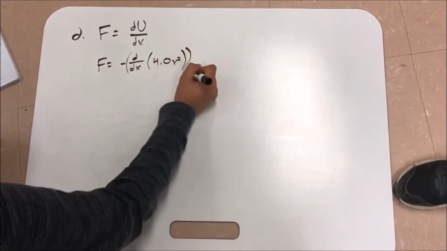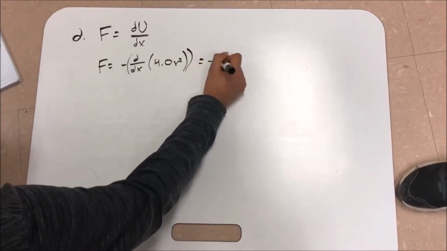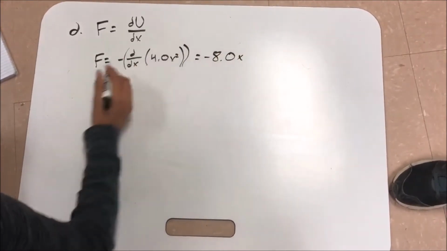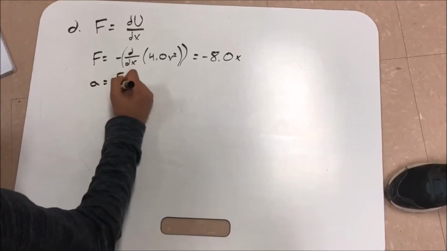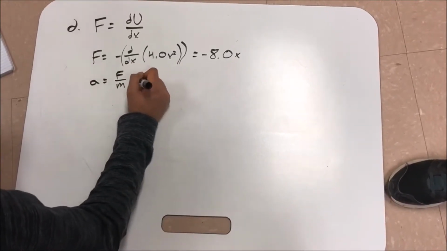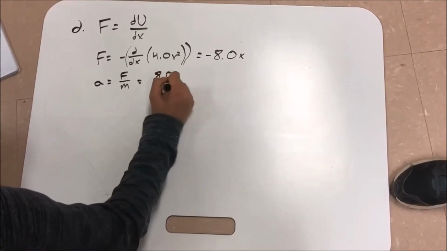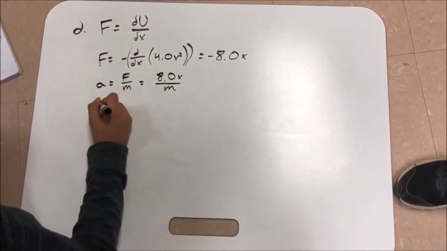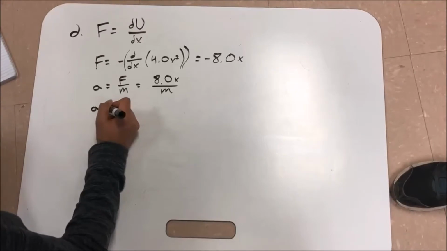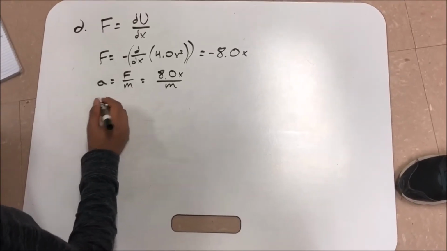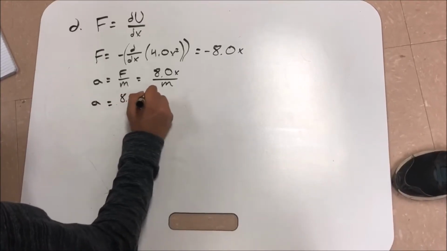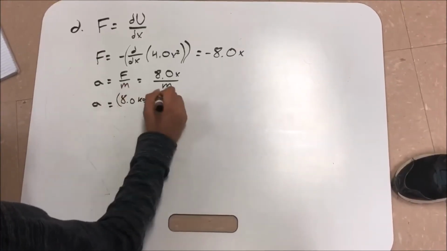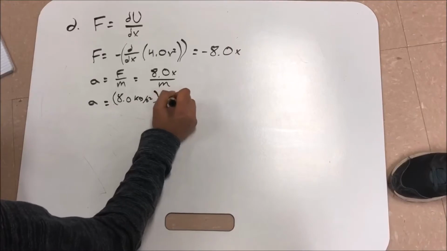The force is the negative derivative with respect to x of the potential energy U. So we take the derivative of 4.0x squared, and we get negative 8.0x.